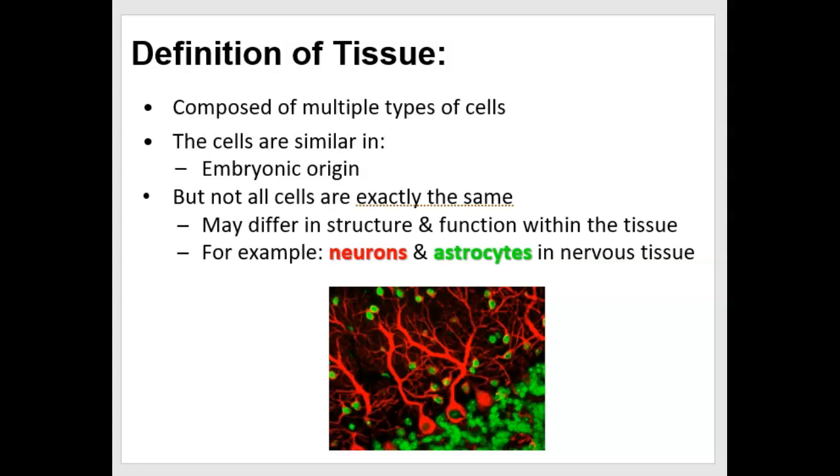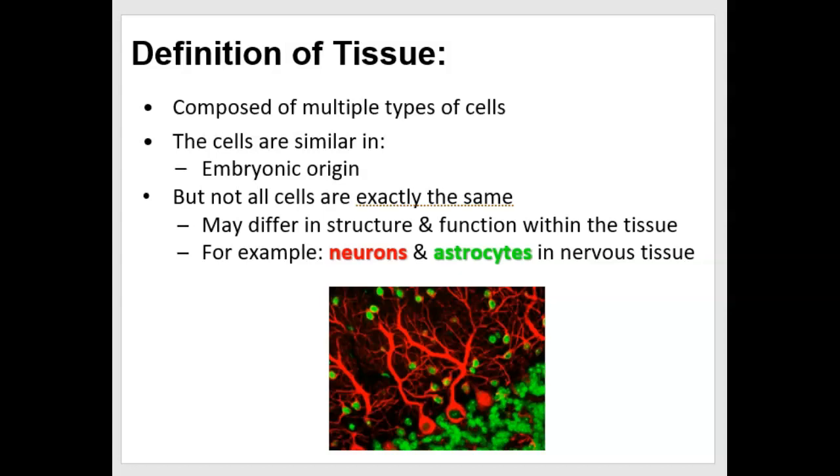For example, if we just take nervous tissue, shown in the picture at the bottom of the slide, I should tell you that this picture has certain cell types fluorescently labeled. So the neurons are labeled in red, and cells known as astrocytes are labeled in green. Most likely the astrocyte's cytoplasm is not stained, but it's also round.